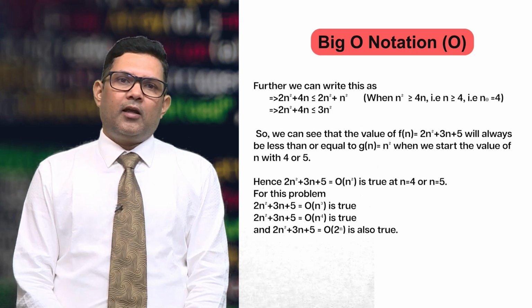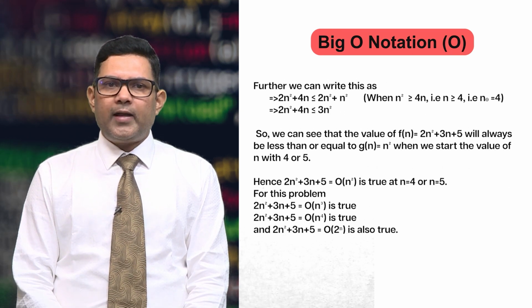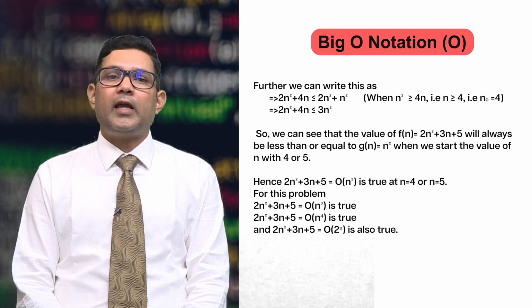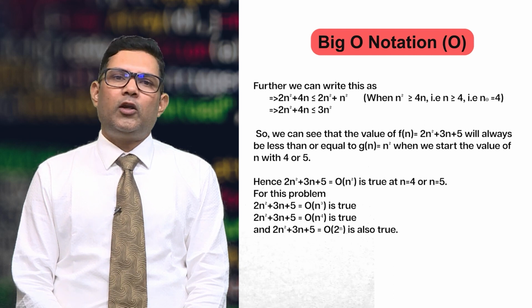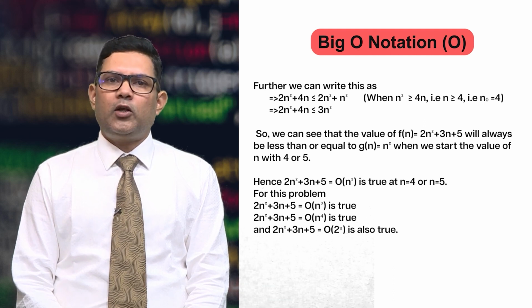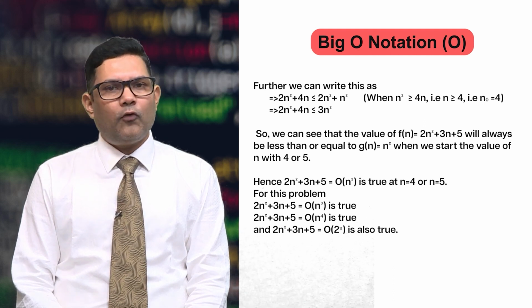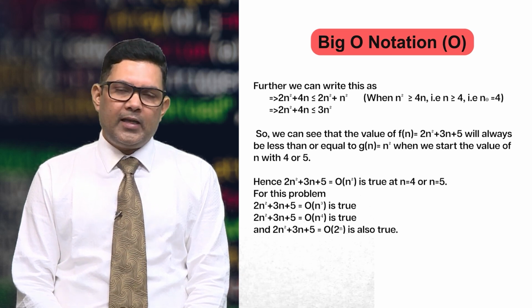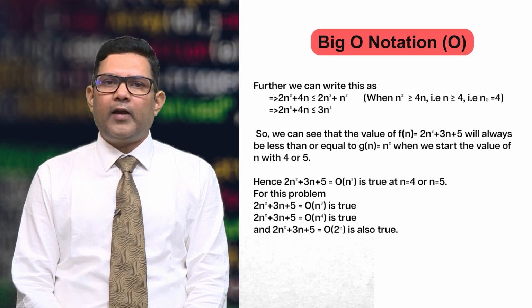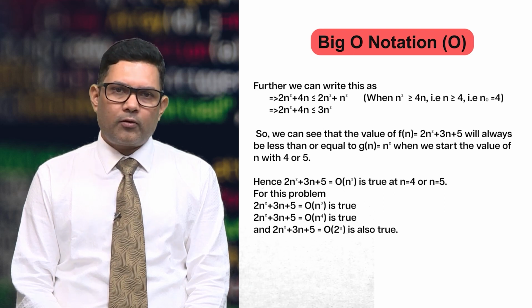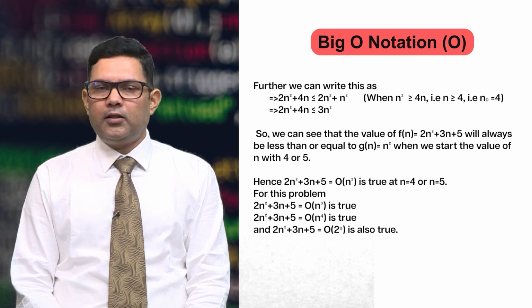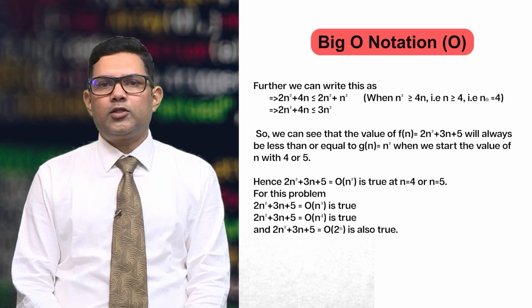So further we can rewrite this equation as 2n square plus 4n will be less than or equal to 2n square plus n square. So mathematically it will be true when n square is greater than or equal to 4n. That means if we cancel n from LHS and RHS, then the value will be n greater than or equal to 4. If we compare this value with n greater than or equal to n naught, then we obtain n naught equals 4.